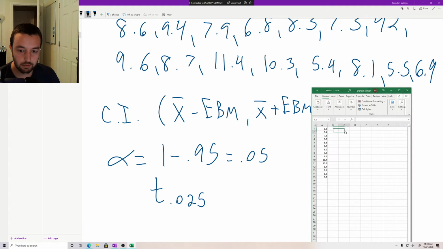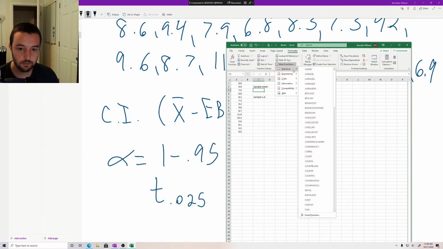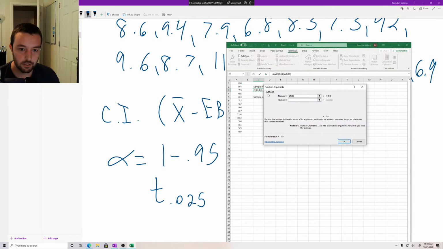So we want the sample mean, and we want the sample standard deviation. So let's calculate those with our formulas here. Need to make this a little bit bigger so that the formulas show up. There we go. So we're going to do the average for the sample mean.